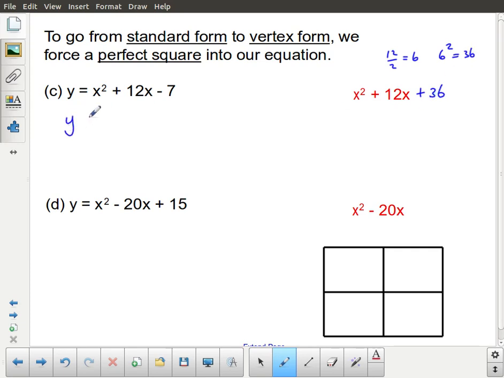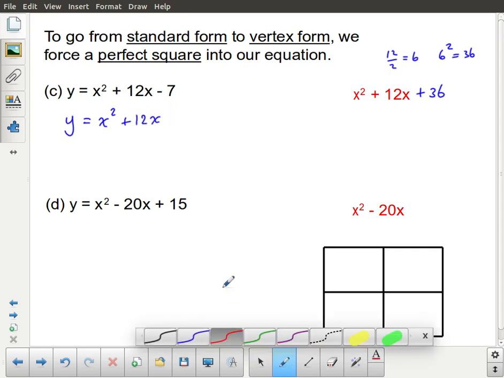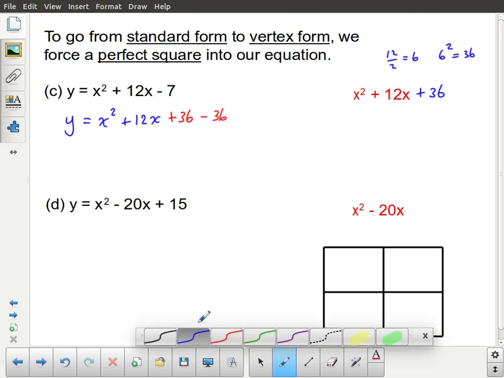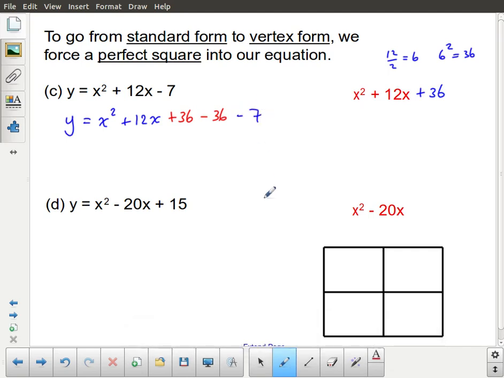So we end up with this, x squared plus 12x. And as we recognize, the number we need to make this into a perfect square is plus 36. But we're not allowed to make that appear out of thin air, so we also have to subtract 36. And then I already had a negative 7.